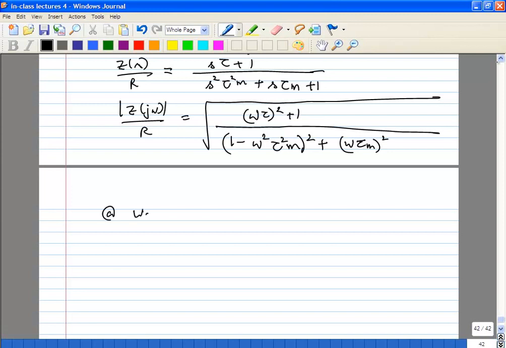So what do we know? Let's say the new 3 dB cutoff is omega 3 dB. Okay, we know that this will be 1 over root 2.